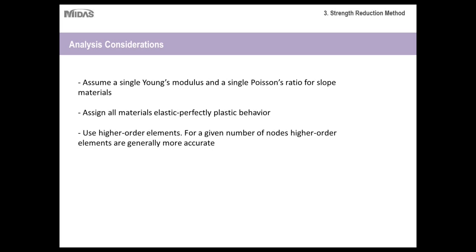This is just to ensure a high level of detail in those areas, so that you can get really accurate results for your shear stress, because that's how the program calculates the factor of safety. So it's always a good rule of thumb, in and around the slope area, to use higher order or smaller elements.